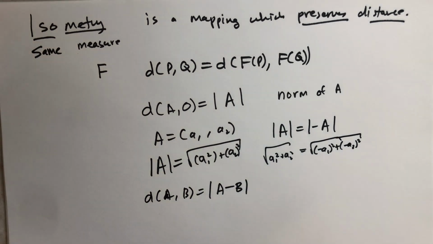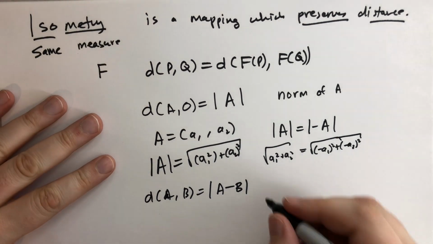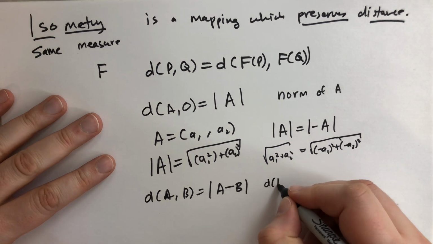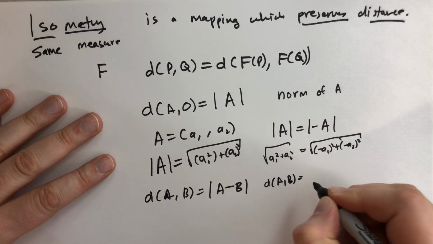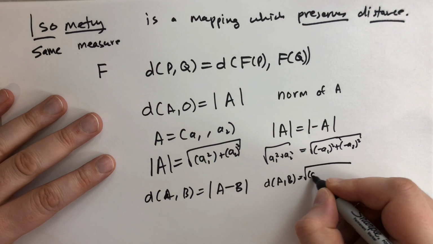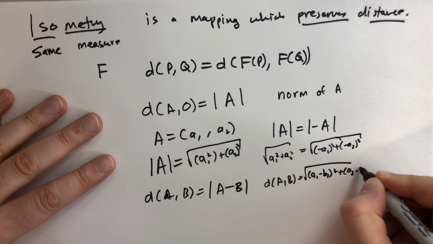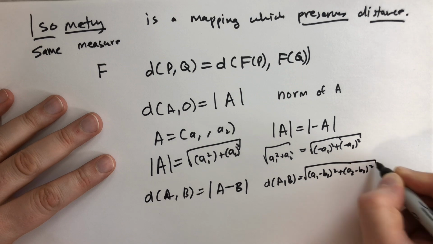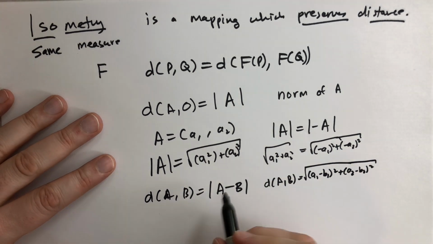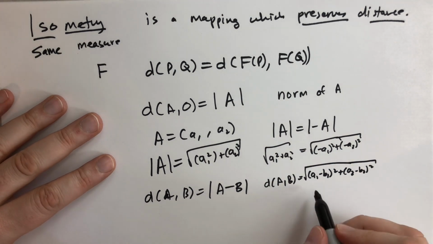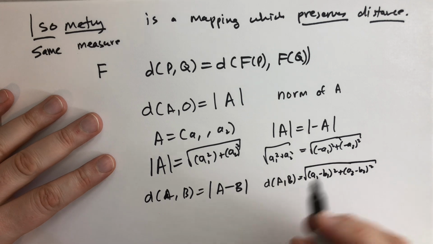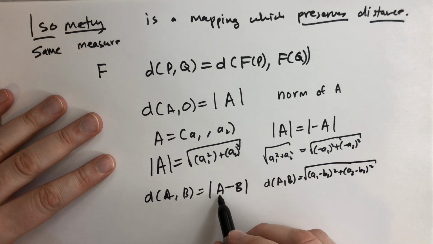Okay, let's do that very quickly on the margins here. So the distance between A and B is equal to the square root of (A1 minus B1) squared plus (A2 minus B2) squared, right? Well, what's the point A minus B?